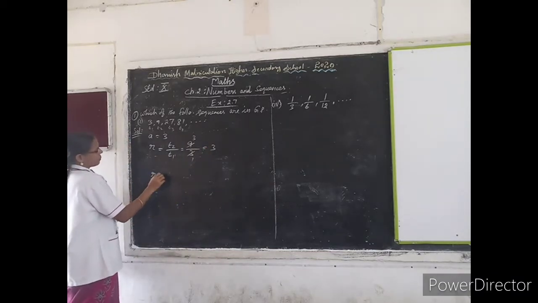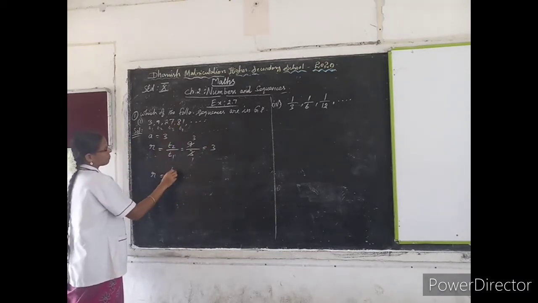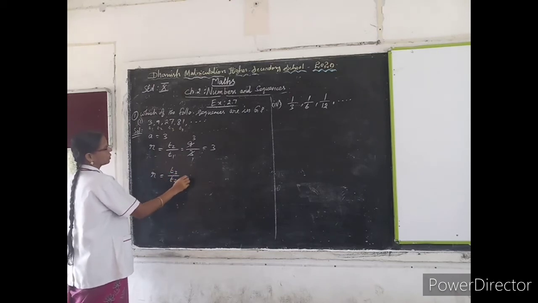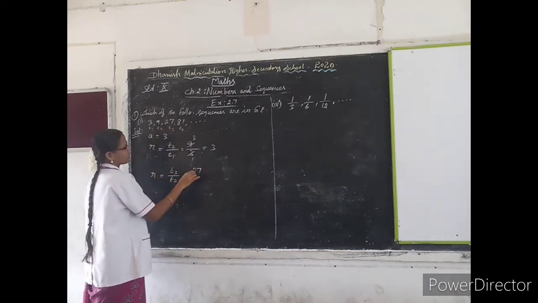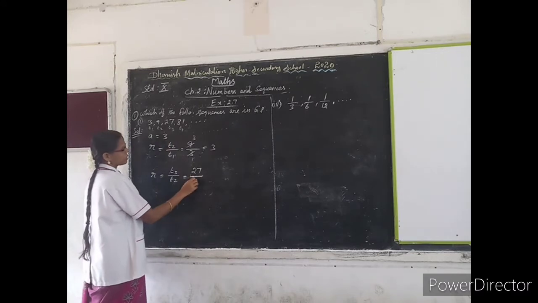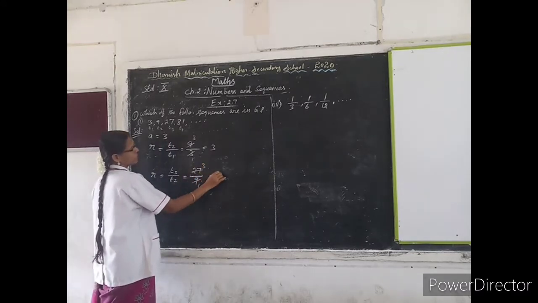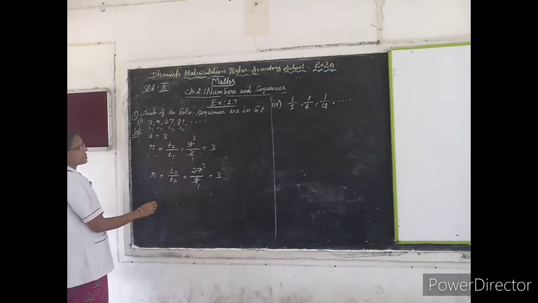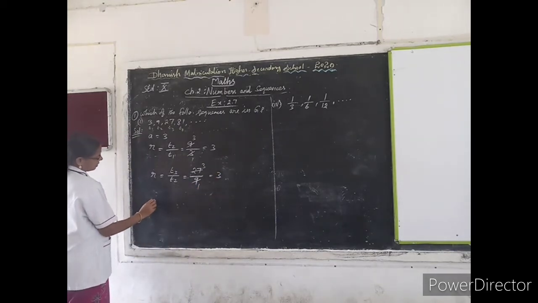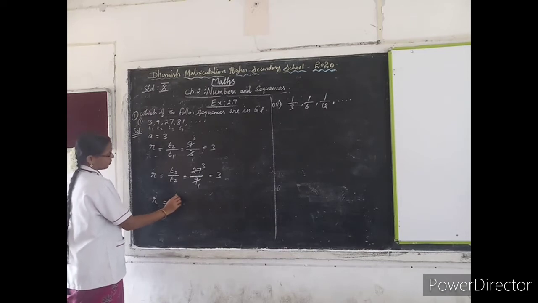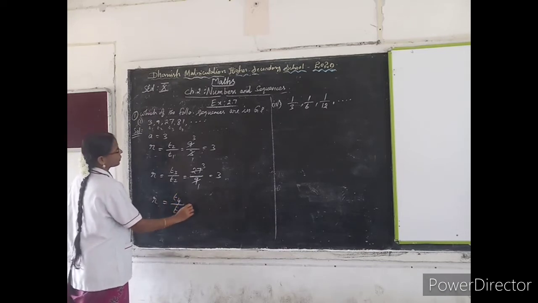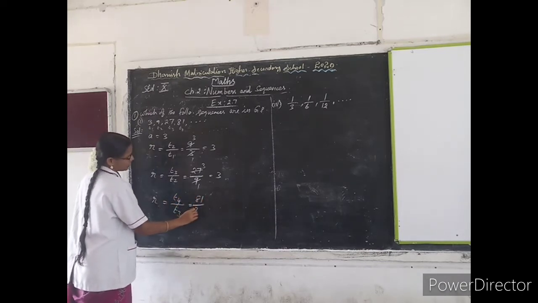Next, T3 by T2. T3 is 27 by T2 is 9. Cancel by 9 table, 9 ones are 9, 9 threes are 27. So here R is 3. T4 by T3 is equal to 81 by 27.